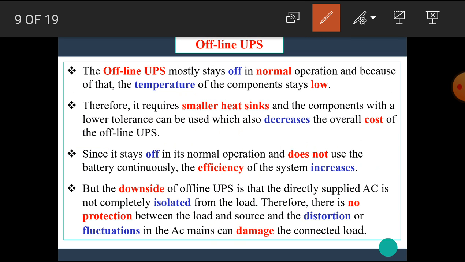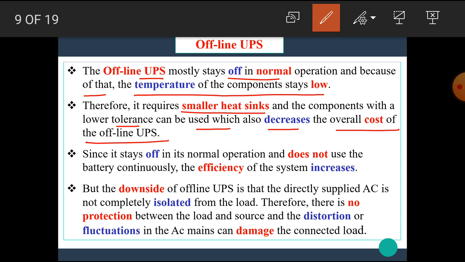Let's see some important points about it. The offline UPS mostly stays off in normal operation, and because of that the temperature of the components stays low. Therefore, it requires smaller heat sinks, and components with lower tolerance can be used, which also decreases the overall cost of the offline UPS.